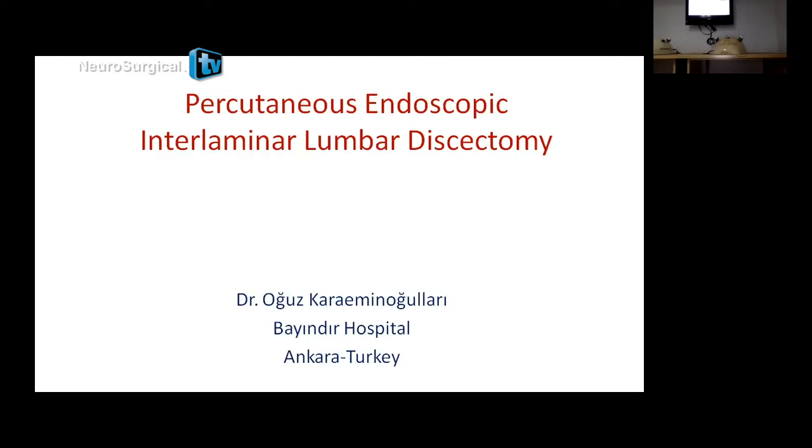Excuse me, when you're doing the turns, are you doing them under fluoroscopy? I still don't understand. Are you using direct vision or are you using the endoscope to guide you? For endoscopy, no. I just check after I'm in the foramen.